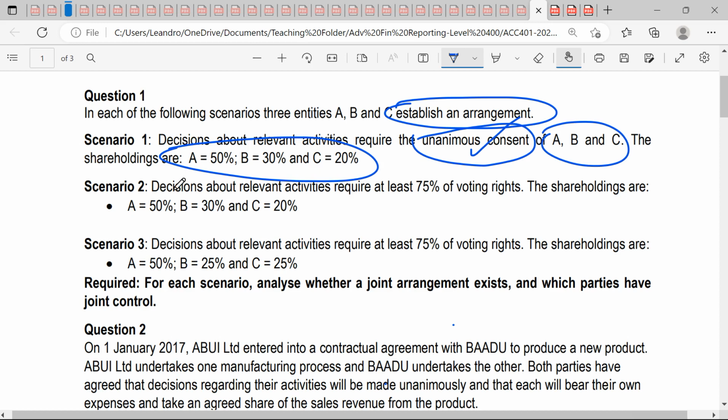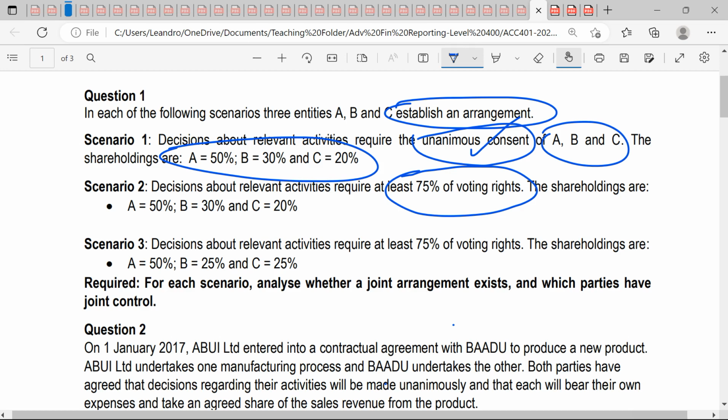Then in scenario two, decisions about the relevant activities require 75% voting rights. Now that has defined the decision in terms of percentages. So you now look at the percentage holding of each party to the arrangement. A is a party, B is a party, C is a party to the arrangement. But who has the right to decide the relevant activities?